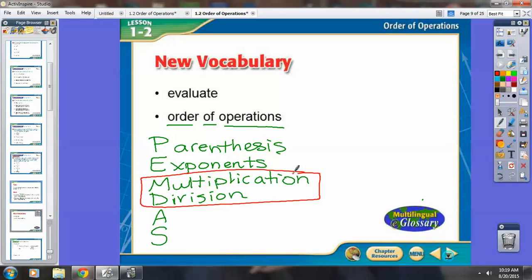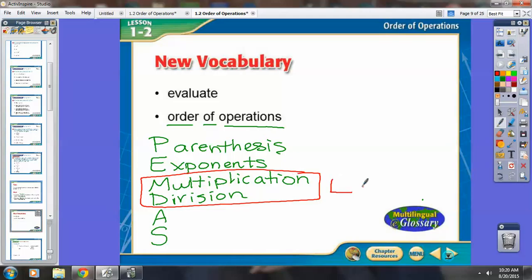Right, so if we've got an expression left that just has multiplication and division, multiplication doesn't always come before division, does it? No. If that's all we have left is an expression with just multiplication and division, then we're going to work left to right.